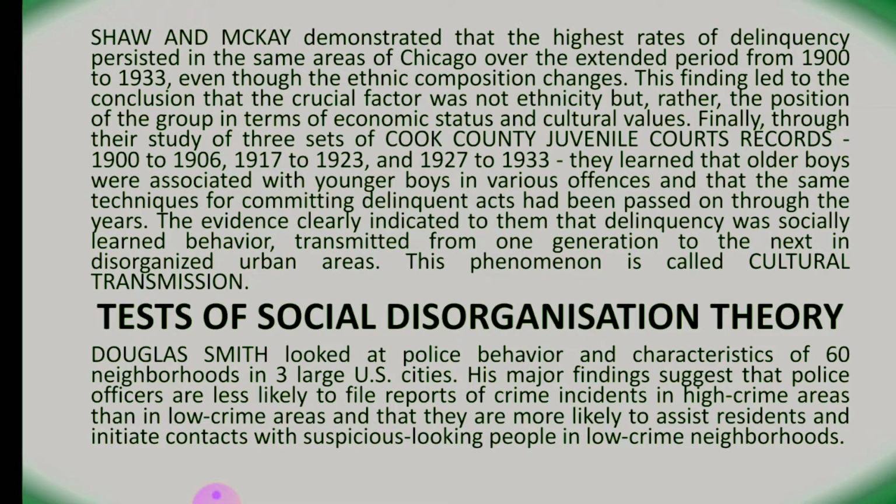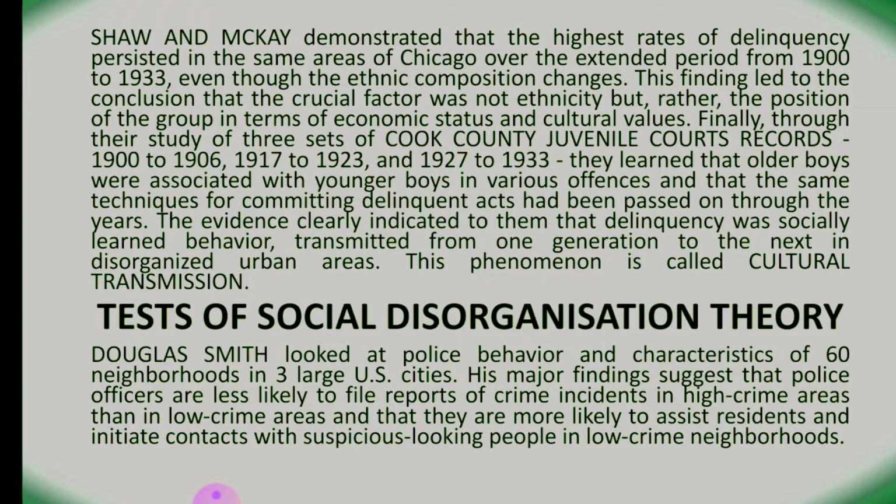The evidence clearly indicated to them that delinquency was socially learned behavior transmitted from one generation to the next in disorganized urban areas. This phenomenon is called cultural transmission.